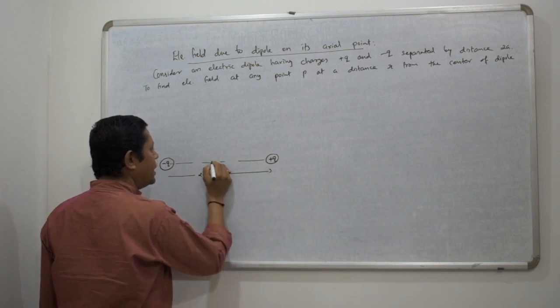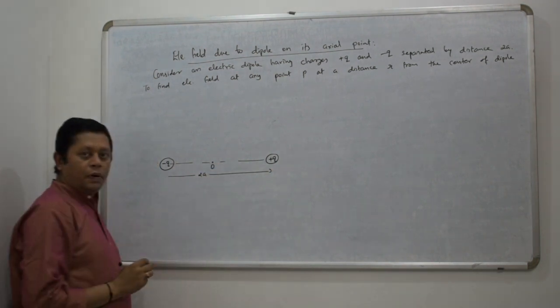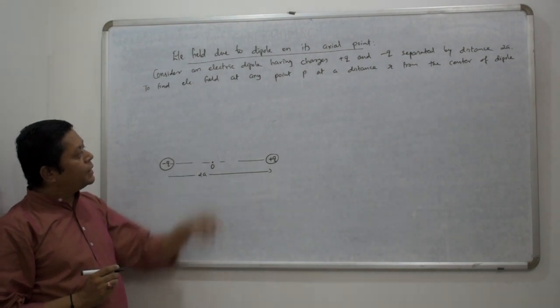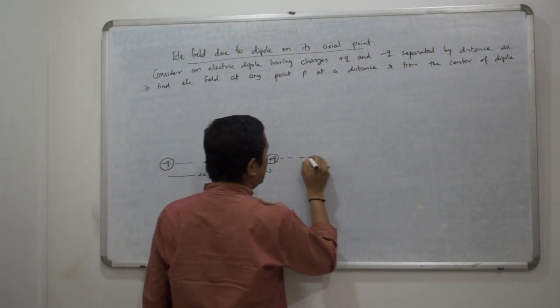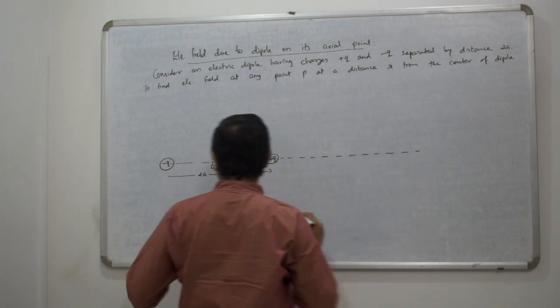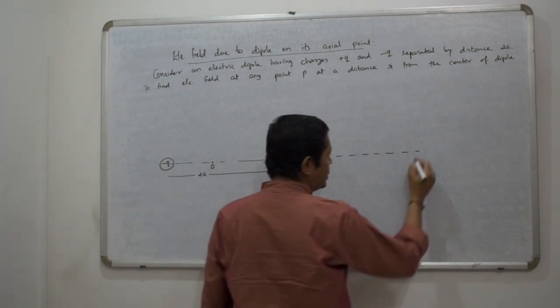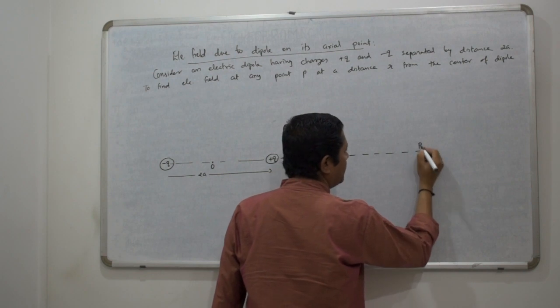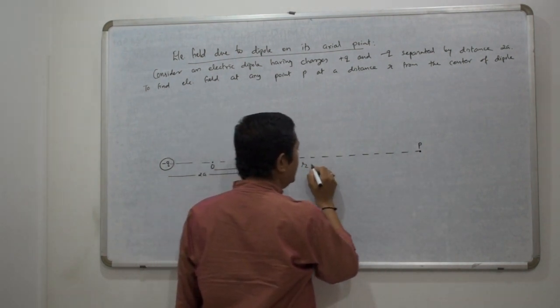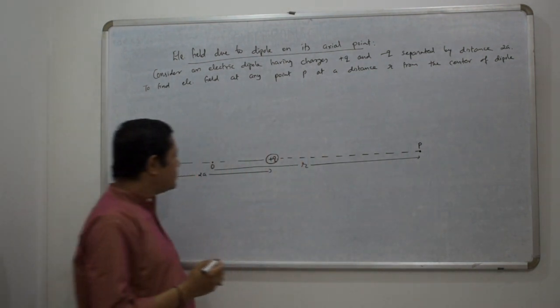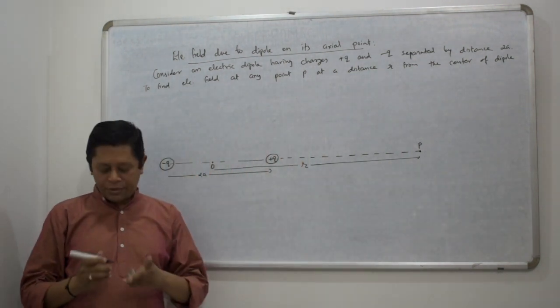This is the center of the dipole. To find the electric field at its axial point, that is a point along the line joining the two charges, let's say at any point P, the distance of this point P from the center of the dipole is R.